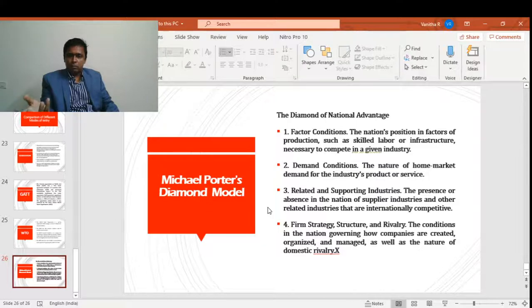Does the market really need you? Do they have this demand? Once you go to the market, is there a way that any other company can become your copycat and make these products and services easily? So you should have this strategy and structure, and after all this, you should have a rivalry in your own country.